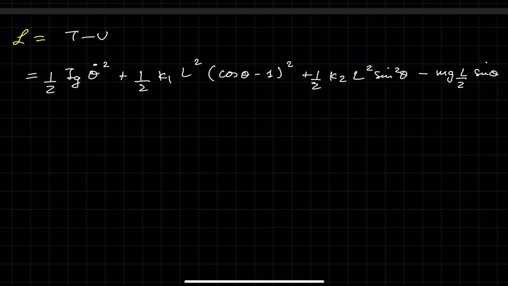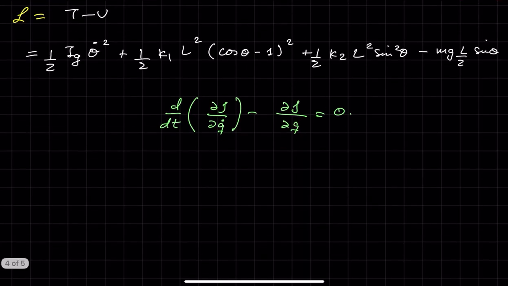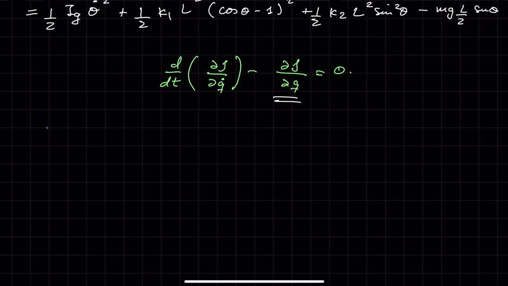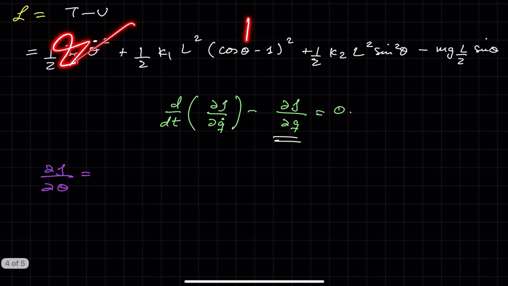The next step is to express the equation of the Lagrangian mechanics, that is the derivative of the Lagrangian with respect to q dot, minus the derivative of the Lagrangian with respect to q, equals 0, right? So if we know that, first we want to take that in function of theta, right? There is a theta, there is a theta, and there is a theta.